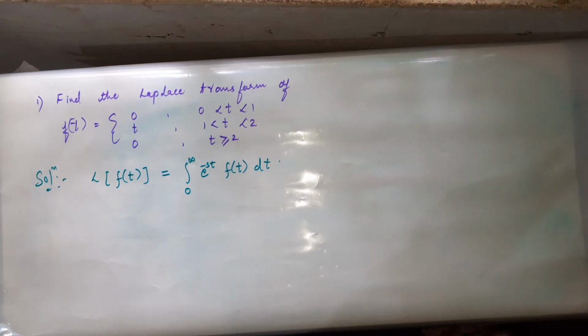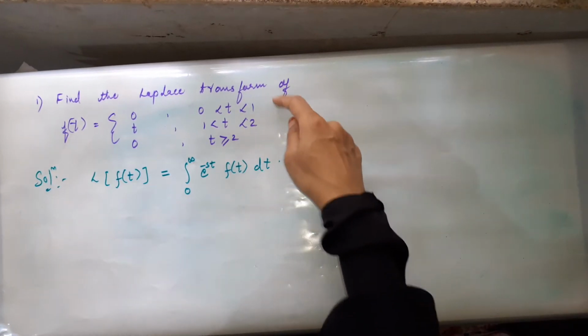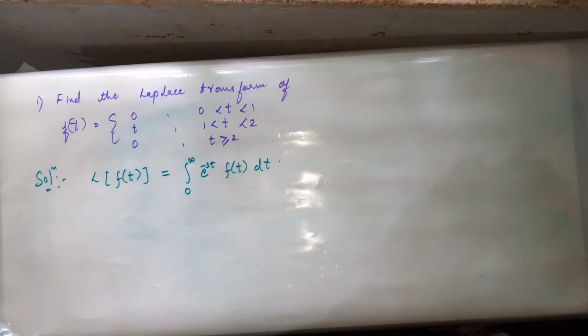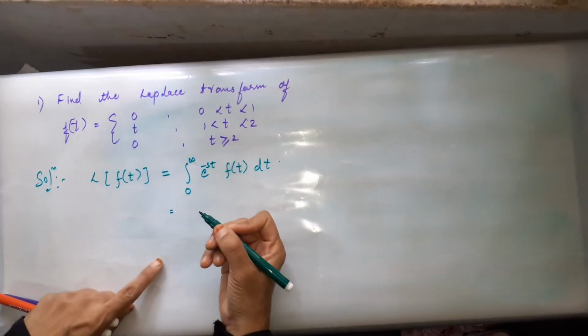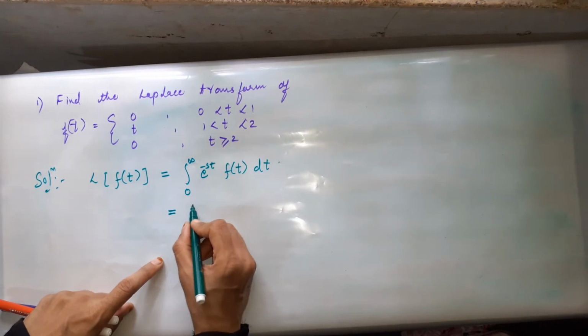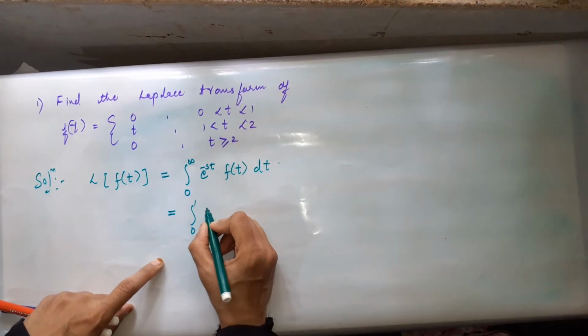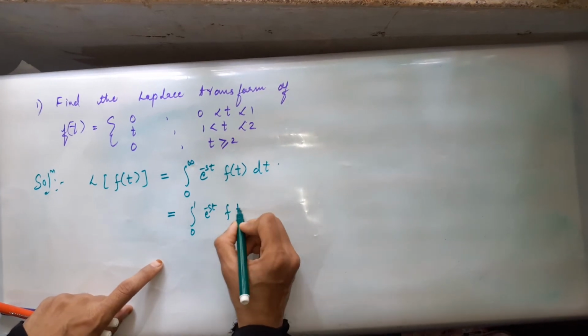First it is 0 in the interval 0 to 1. Then in the interval 1 to 2, it is t. Then from 2 to infinity, it is again 0. So we will break our integral as per the definition given to us. It will be equal to, let us break it from 0 to 1 first: integration 0 to 1, because that's the first interval, of e to the power minus st f of t dt.